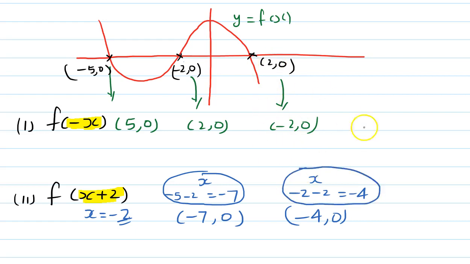For this one it is 2. So here is minus 2, and that is plus 2, that is 0. So this coordinate will be (0, 0), right? This is the way we can sketch the graph and find the coordinates here.